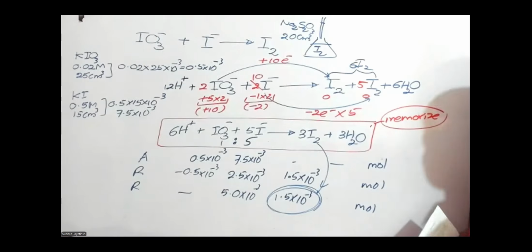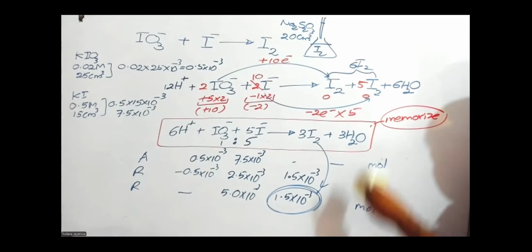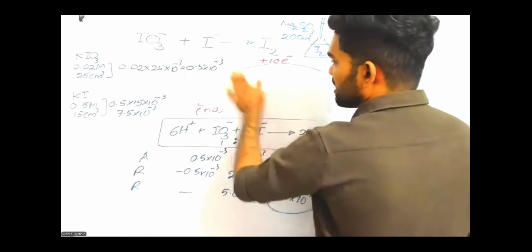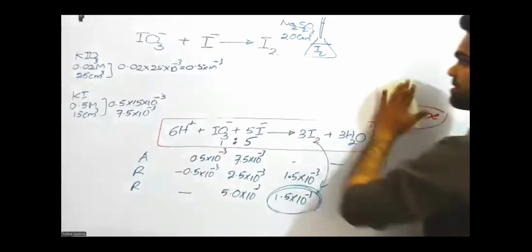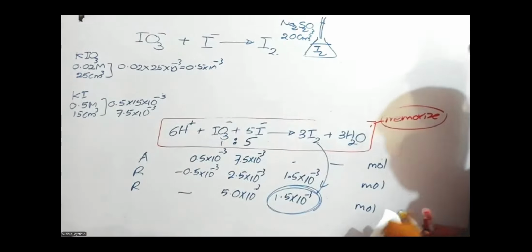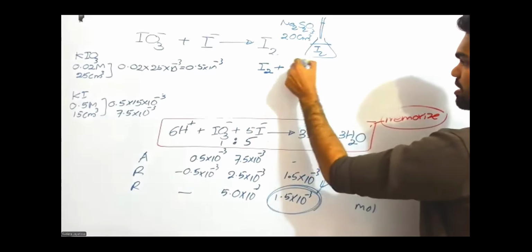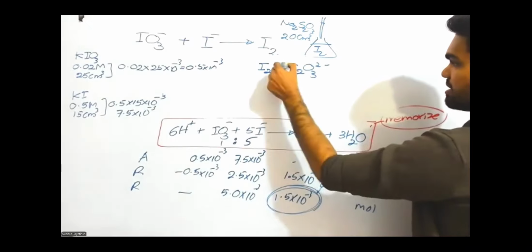Is that clear? Now, in order to do the rest, I need to erase this equation balancing. Okay, so that means we need another balanced equation. We need the equation between I2 and sodium thiosulfate. I2 and S2O3 2 minus.